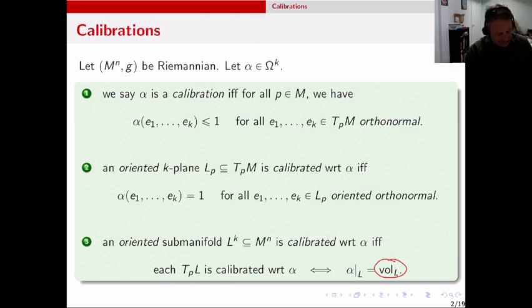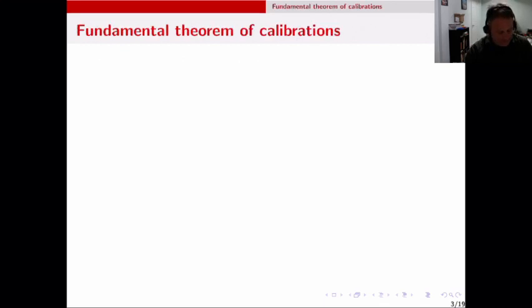And this condition here tells us that that function always has to be between minus 1 and 1. So alpha restricted to L is, in general, a function times the volume form, where this function takes values between minus 1 and 1, and we say that the submanifold is calibrated if that function is identically 1 on L. Okay? So that's the definition of a calibrated submanifold.